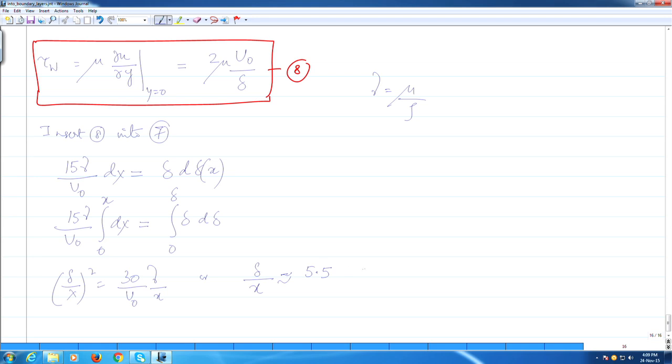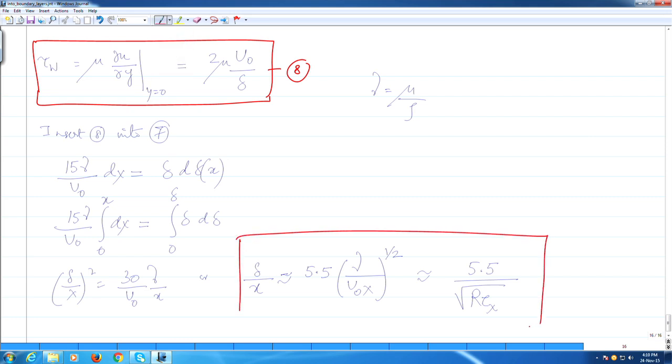It is very interesting, delta by x is equal to the square root of 30 nu by u naught x, to the power half. So, this is ultimately what we arrive at.